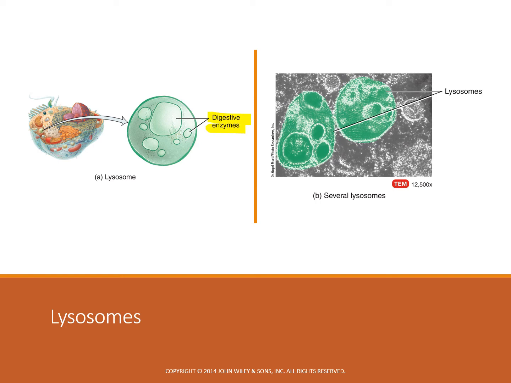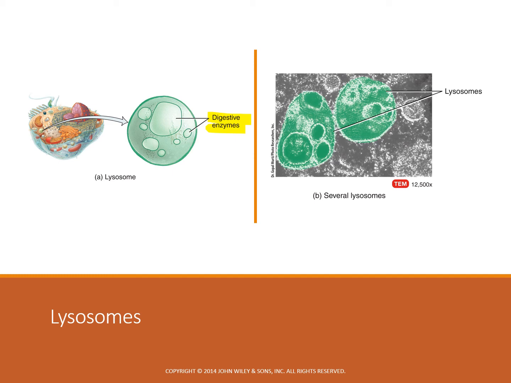Once they fuse to other vesicles that are formed during endocytosis, they work to break down those proteins that come in them in the form of vesicles. So we saw that when we talked about the 3 different types of endocytosis, and they fuse with the lysosomes, and then whatever's within those vesicles is digested by the digestive enzymes coming from the lysosomes.